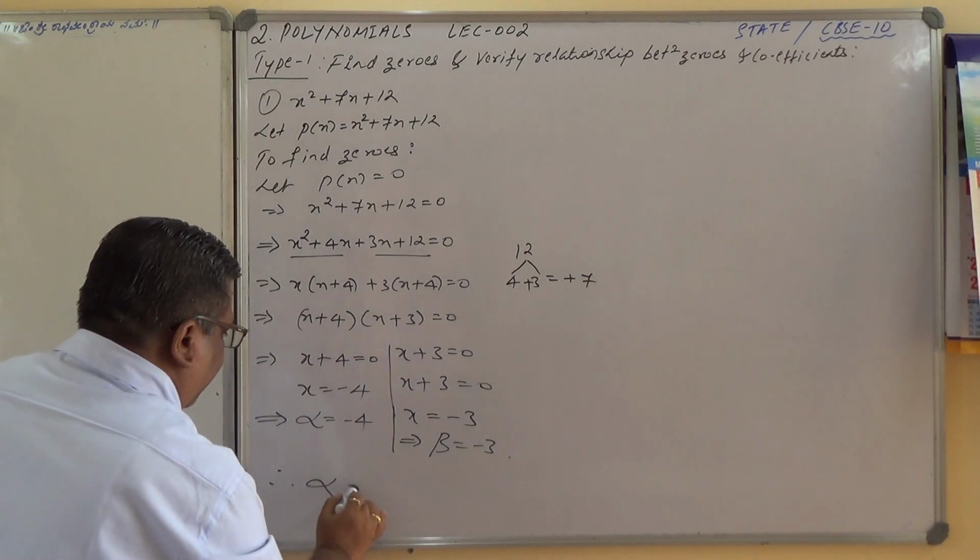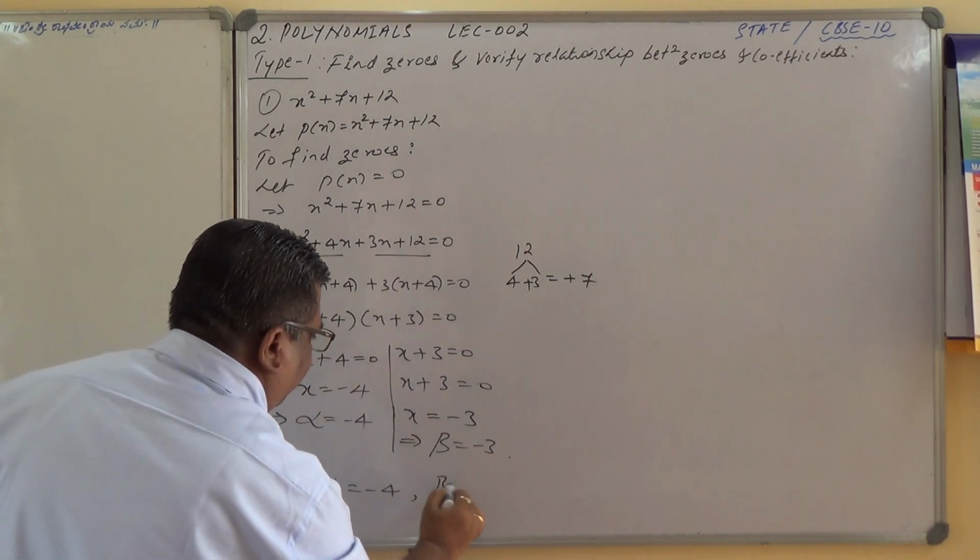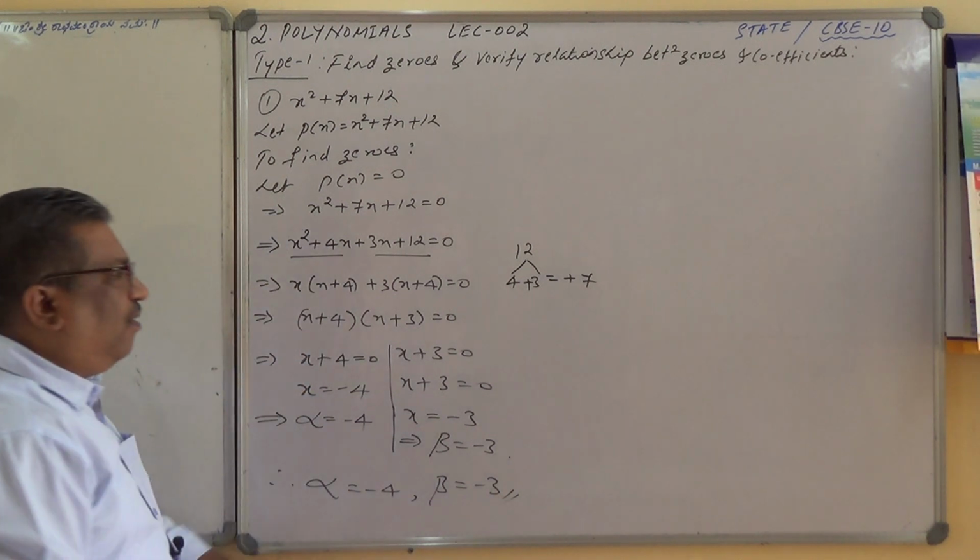Therefore alpha equals minus 4 and beta equals minus 3 here. We have got two zeros.